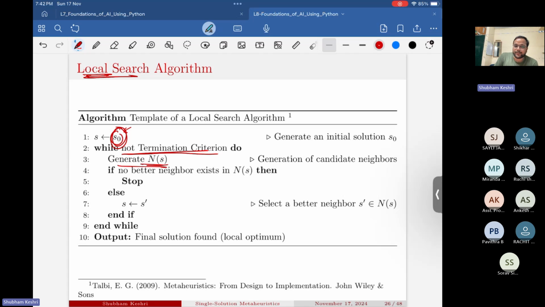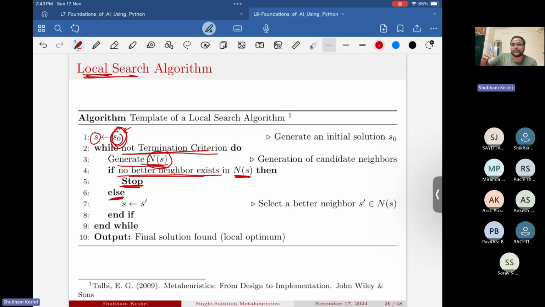You generate the neighbor. You have a point S naught, which you have stored in S. And what is N of S? N of S is the neighborhood of S. If there is no better neighbor in N of S, then you stop the algorithm.